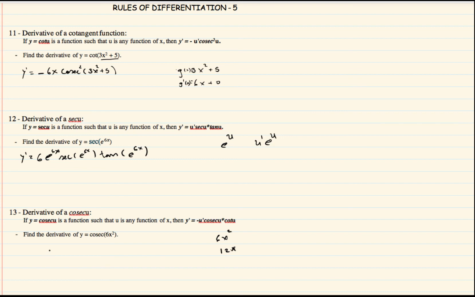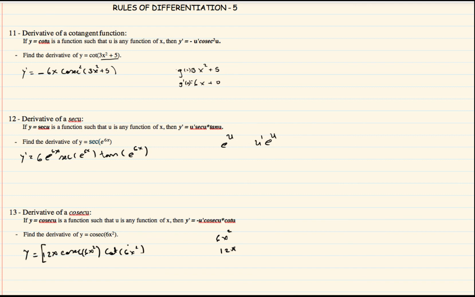So in this case what we'll have is the derivative of this, which we have found now, 12x multiplied by the cosec of that same 6x squared and multiplied by the cotangent of that 6x squared.